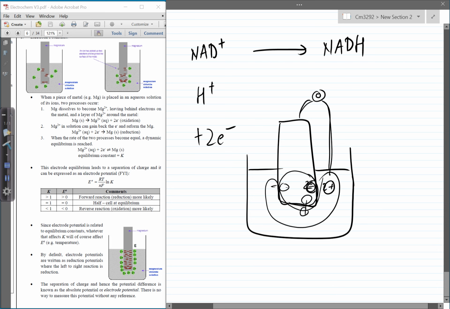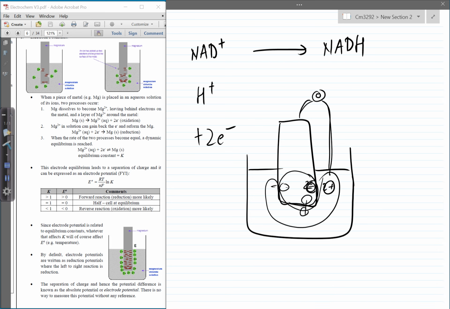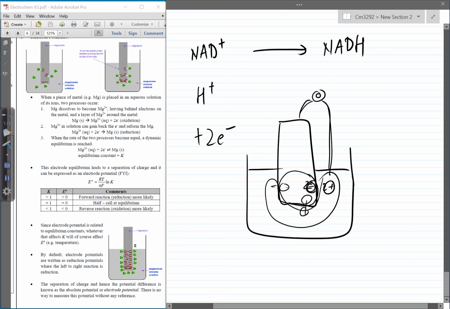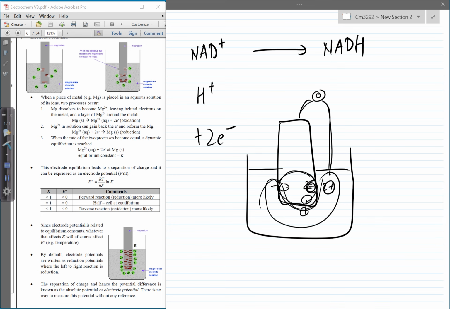This potential difference, we call it an electropotential, and it is actually related to our equilibrium constant, because the equilibrium constant also tells you how much of this and this are present at equilibrium. They are the same concept. So this relationship can be represented as such. It's just for information.